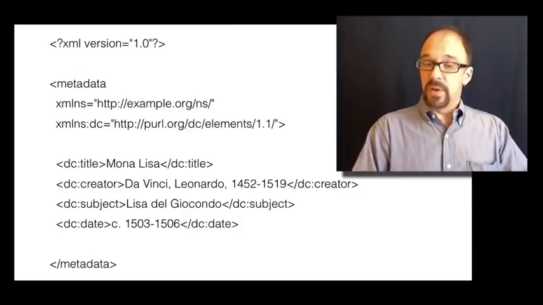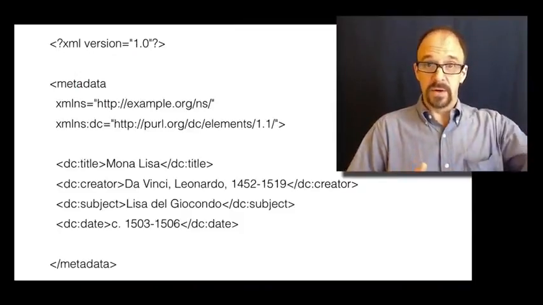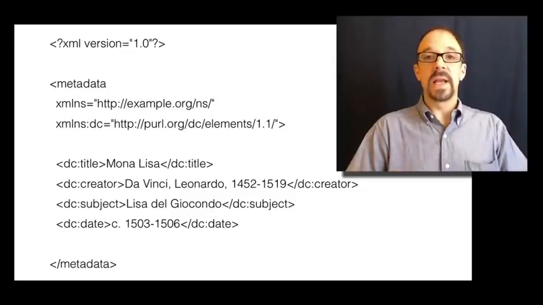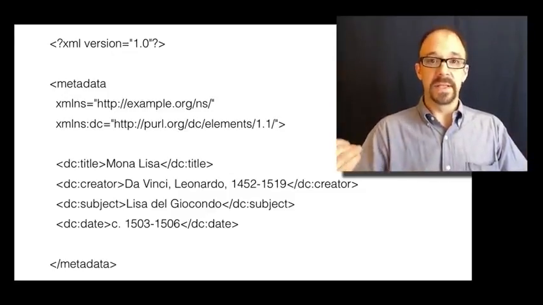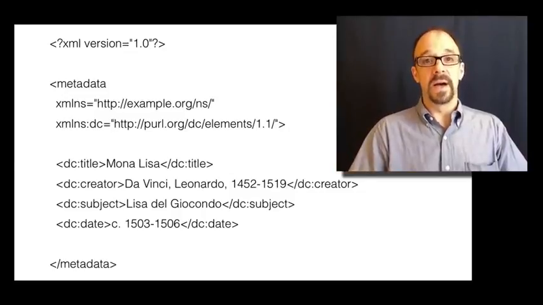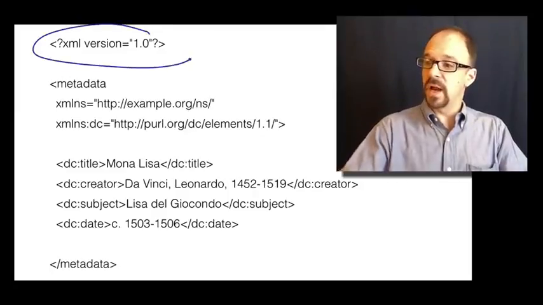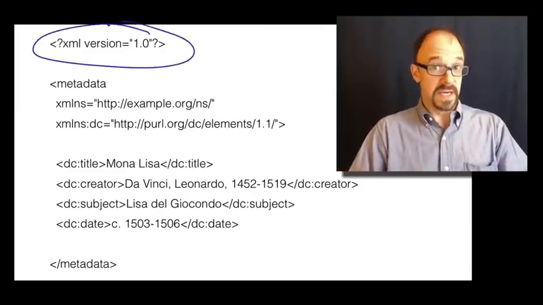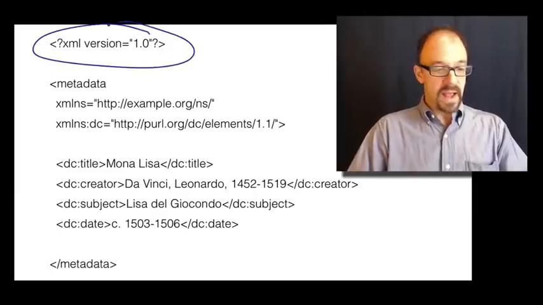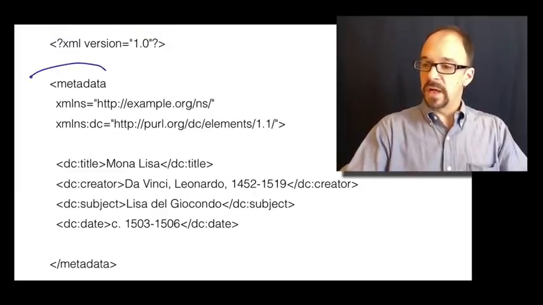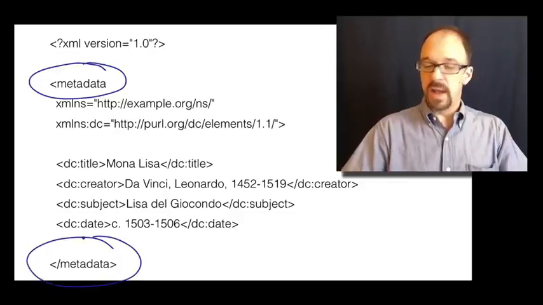So this is an example of an external metadata record. This is the same example as the Mona Lisa example that I used in the previous unit. So the first thing that you do is you declare that this is an XML document, and then you have to declare a container element.